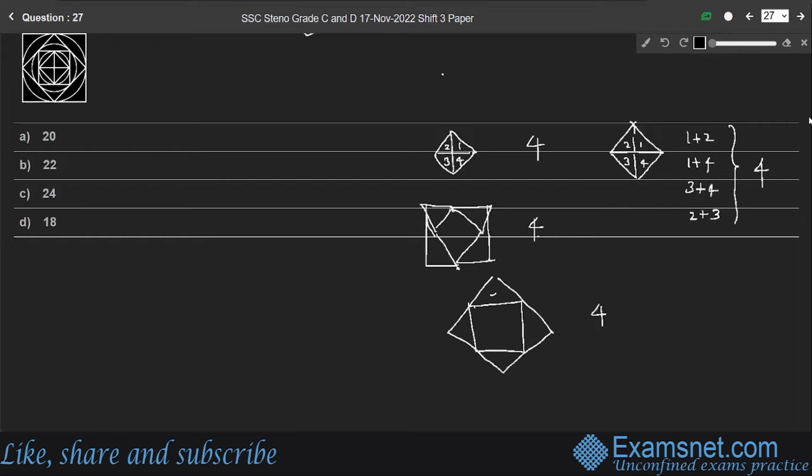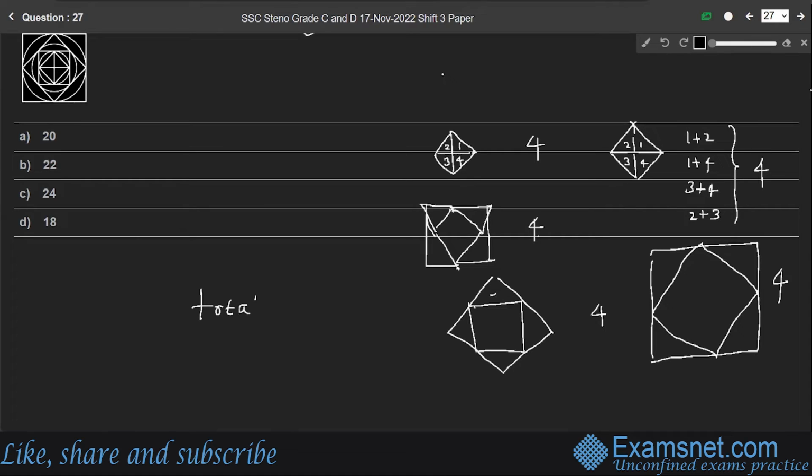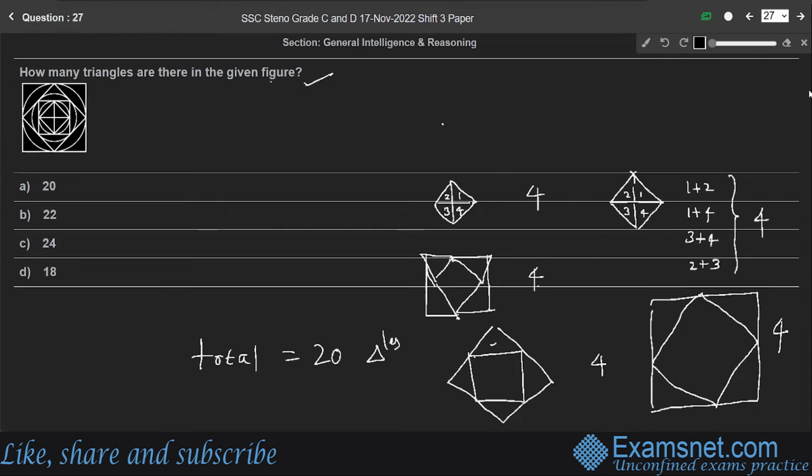At the end, in the outside part, we are considering these 4 triangles. Together it is 4 plus 4 plus 4 plus 4 plus 4, totally 20 triangles. There are 20 triangles in the given figure, option A.